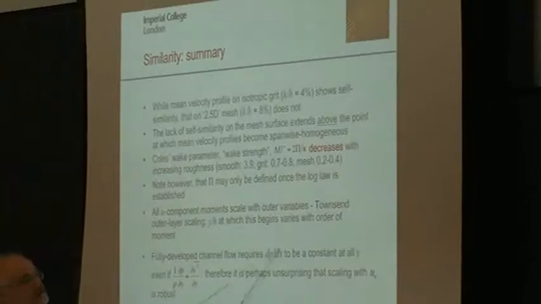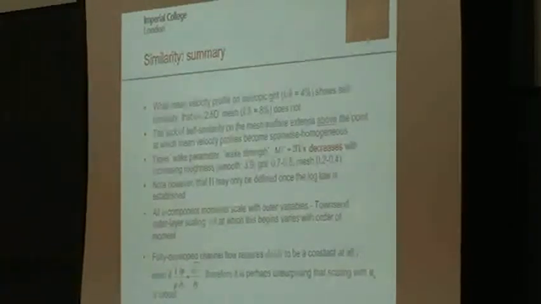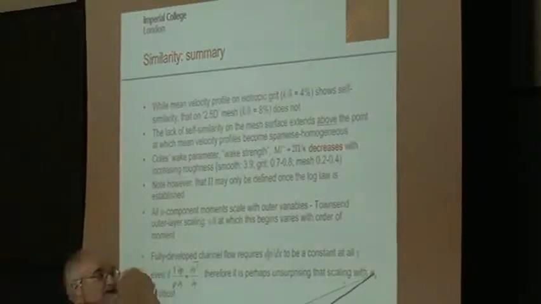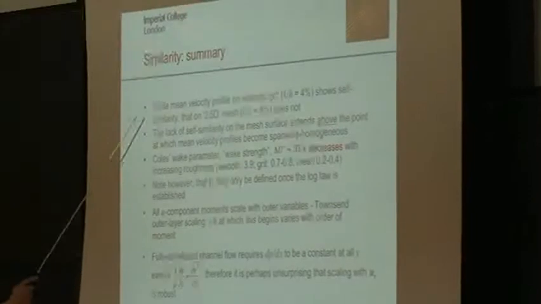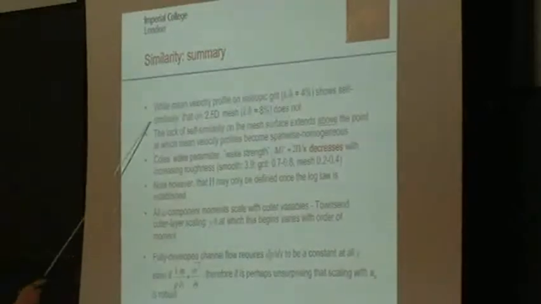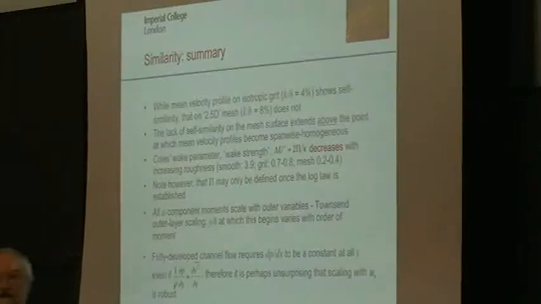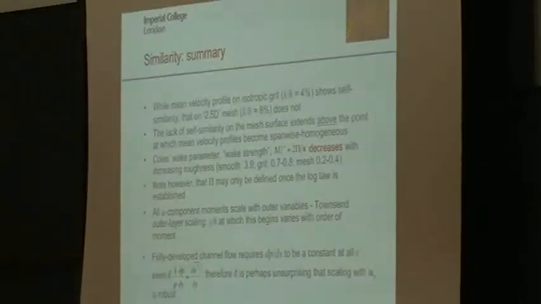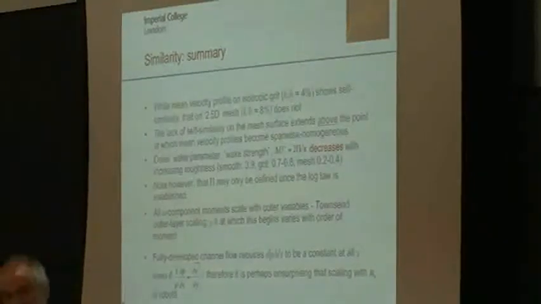So perhaps, and that's directly proportional to the shear stress, so perhaps it's not surprising that certainly for an internal flow that Townsend's scaling is actually really persistent. But really, I think our most important result is simply that we can demonstrate self-similarity in the mean velocity profile by inspection of log law for the grit, but we can't do that from French.